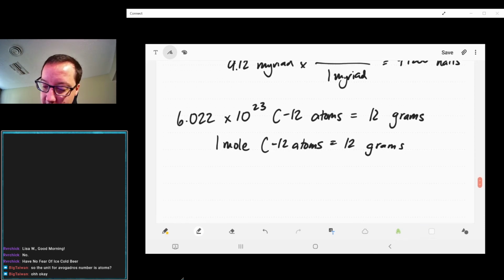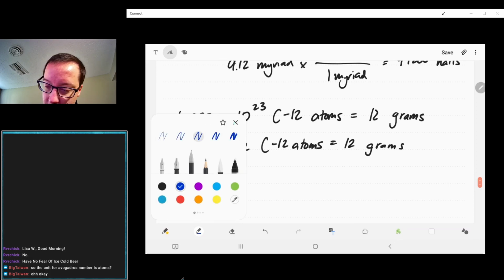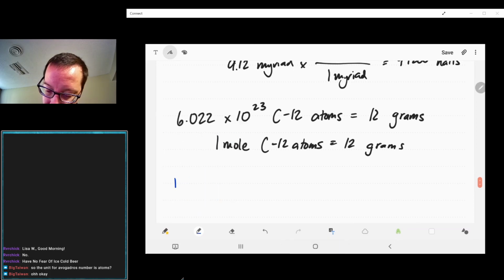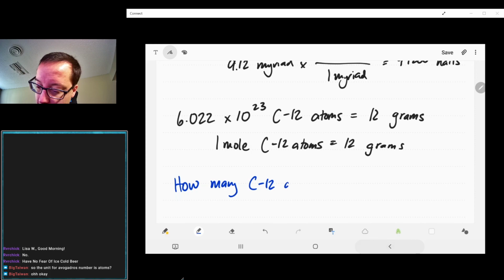And so with that, we can see a couple of things. How many carbon-12 atoms are in 82.4 grams of carbon-12?